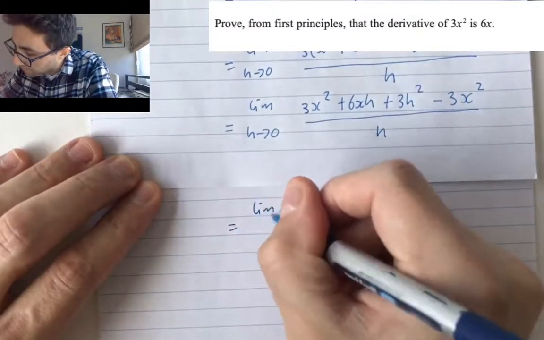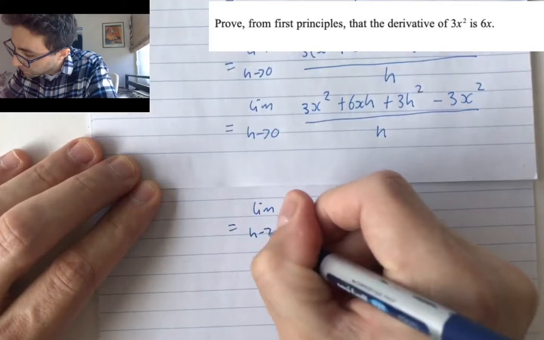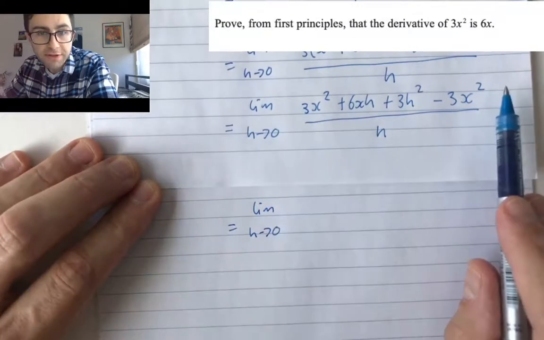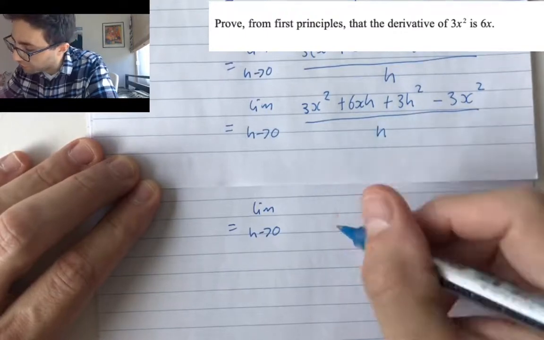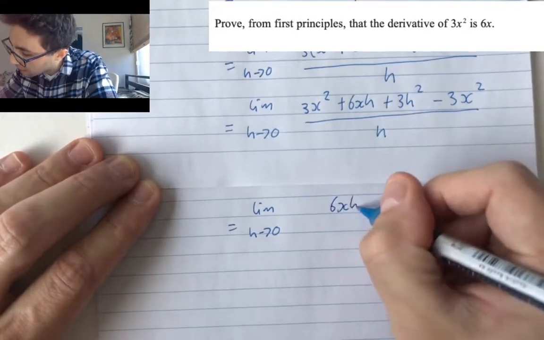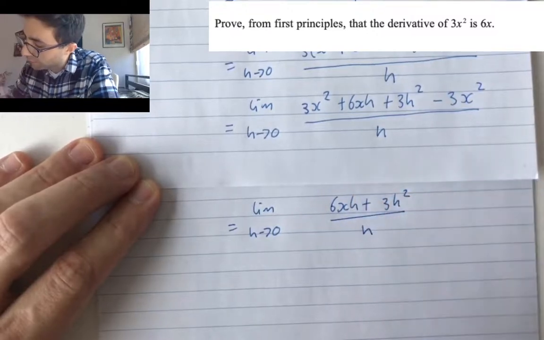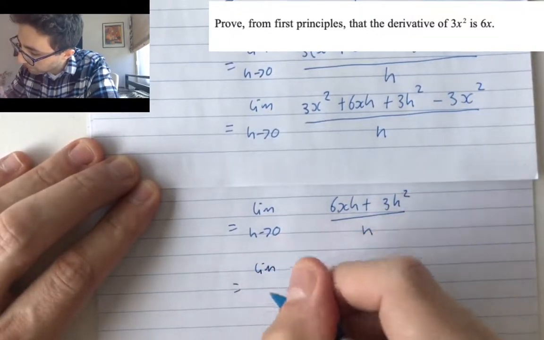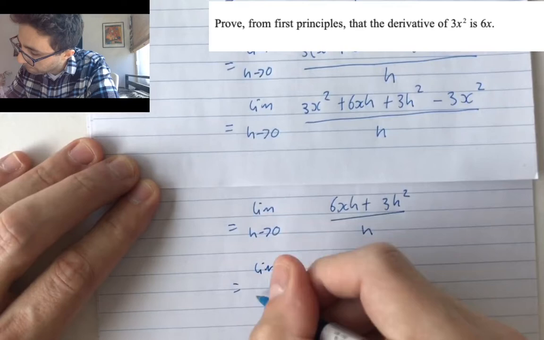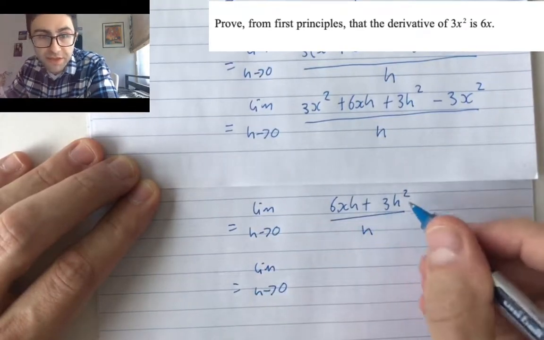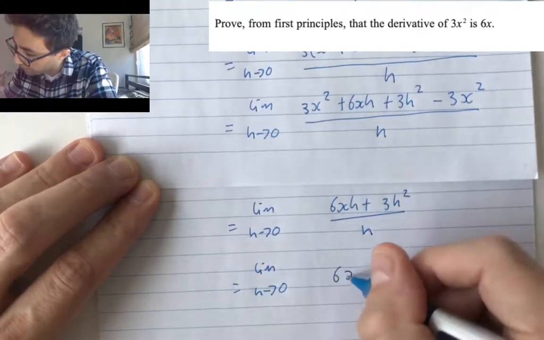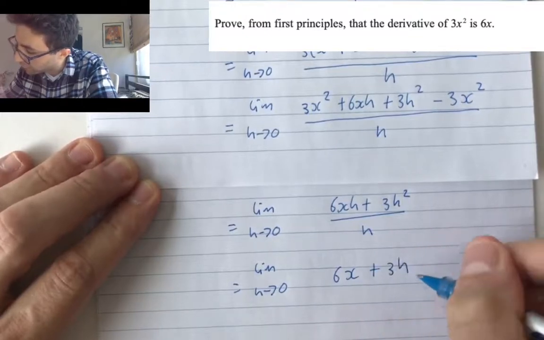Let's keep going. Now, happy days. 3x squareds cancel. Just left with the two guys in the middle. 6xh plus 3h squared over h. Onward. Well, you can divide the h's through both of them. 6x plus 3h.